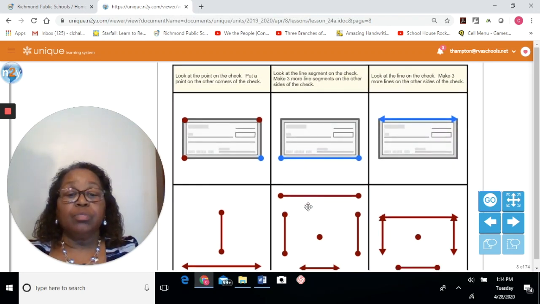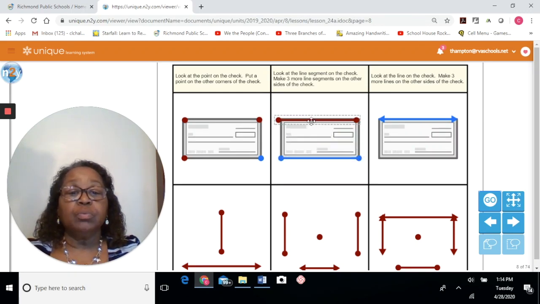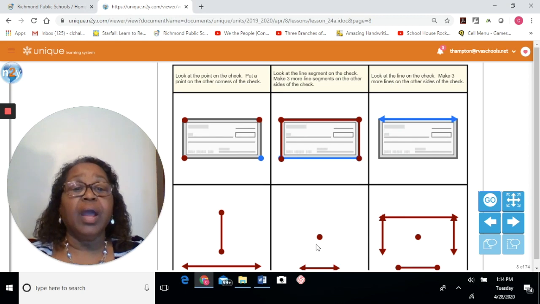Oh, we can make the one that goes in the same direction. We need to put three here. So this one goes in the same direction as that one. So let's try another one. Let's make this line segment, and then one going in the same direction as that. All right. Excellent. I think we got that right.